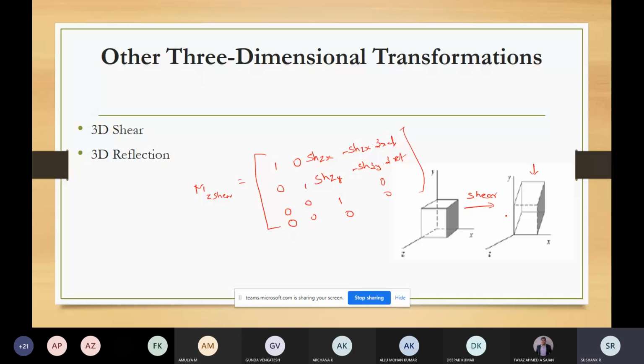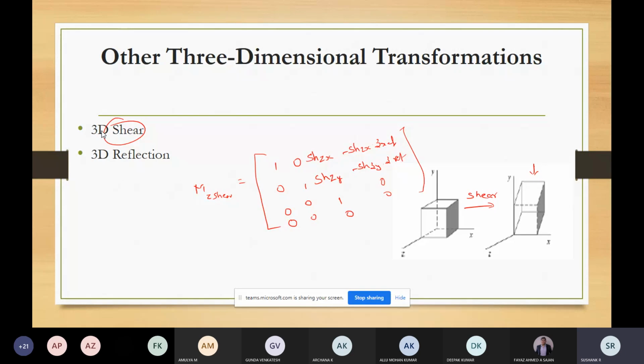What this transformation will do is change the shape of the object. If you want to modify the shape of the object, you can use this transformation called shear. Just like in 2D, here I'm adding the z component, so I'm getting the shear with respect to the z-axis.